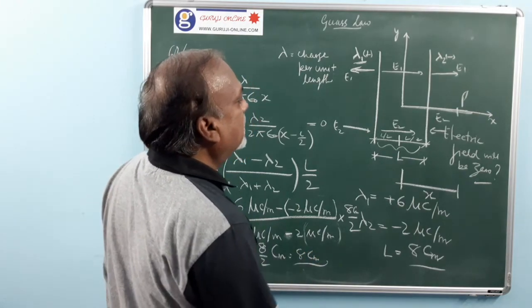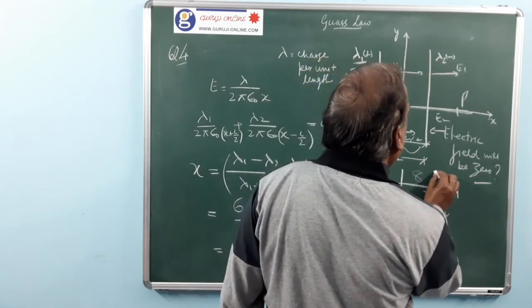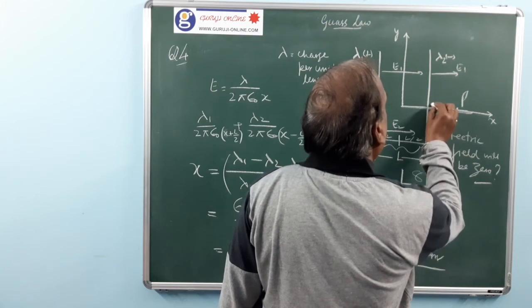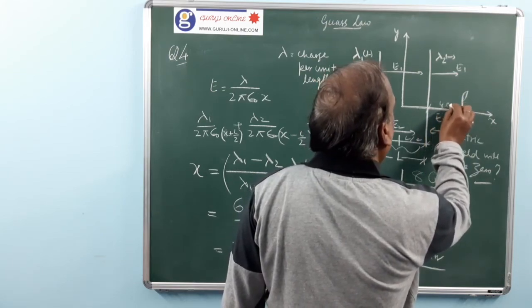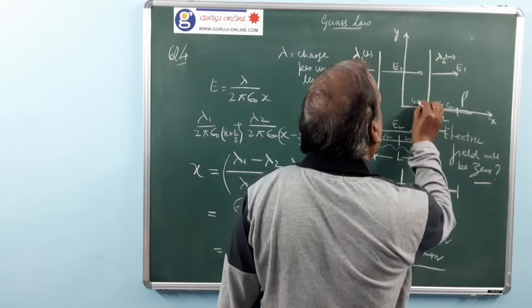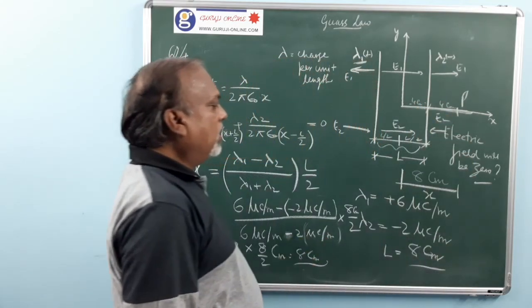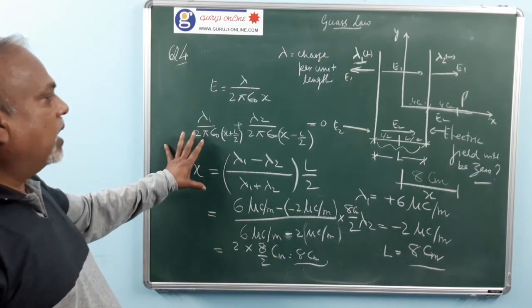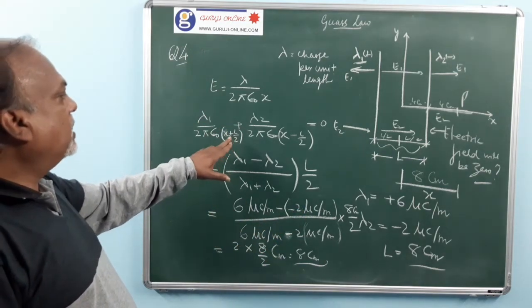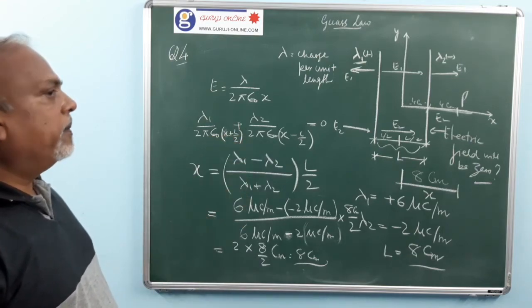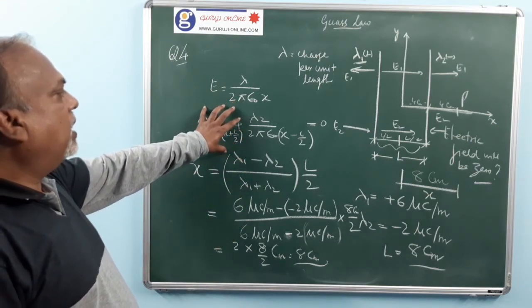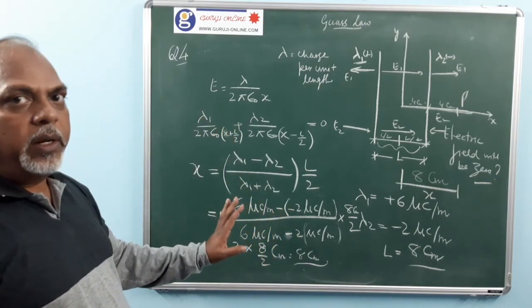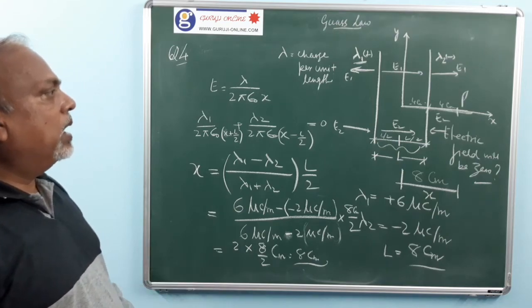That means this is your 8 centimeter, or we can say from this plate it will be 4 centimeter. With this numerical we must have understood, because I have not taken the sign here. We have to put the correct sign in the equation, then only you will get the answer.